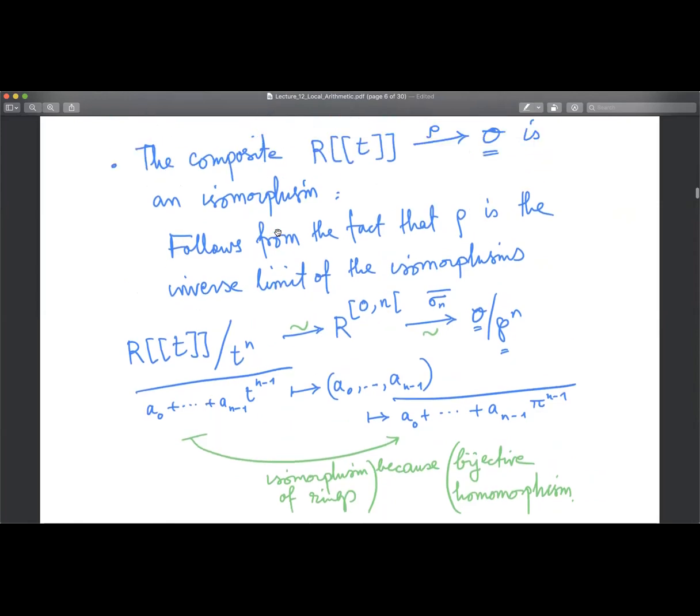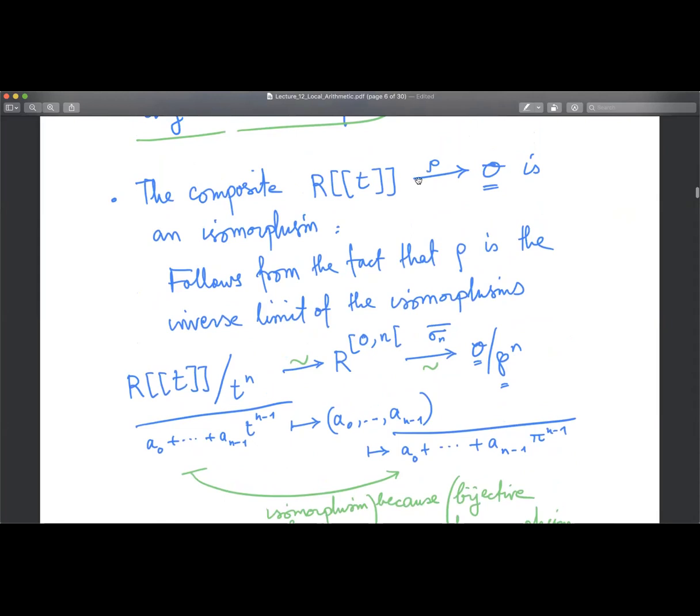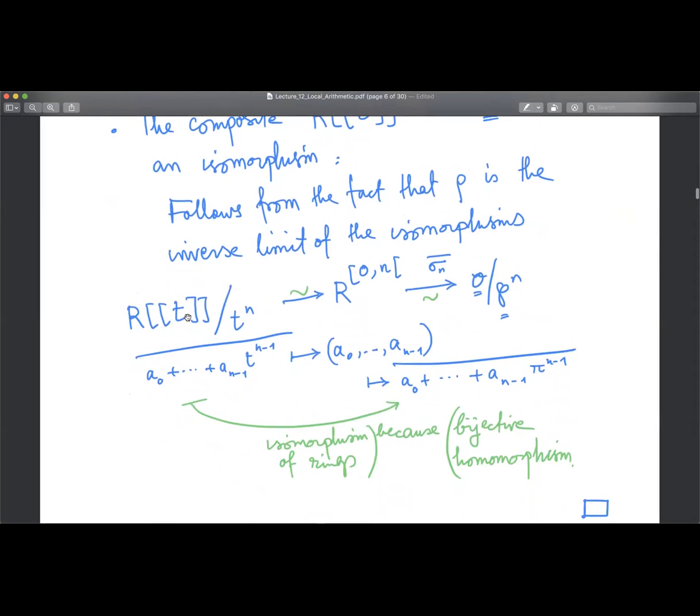this rho, of which I want to prove that it's an isomorphism, can be viewed as the inverse limit of certain maps from R[T] modulo T to the n, to O modulo P to the n. So these are the maps a_0 plus and so on up to a_(n-1) T to the n minus 1, bar.